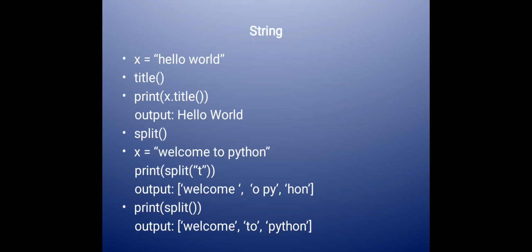So the output will look like a list: welcome, comma, opy, comma, hon. The next example is print split. In this example there is no delimiter inside the split function. So the output will be welcome, to, Python. That means it will split according to the spaces present in the string.